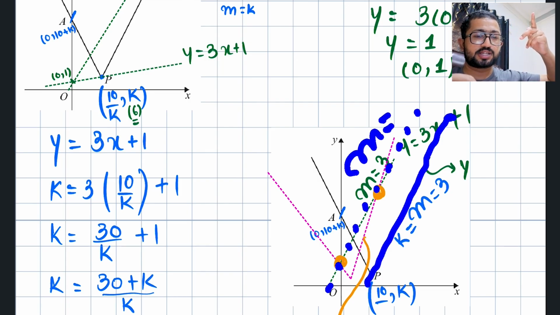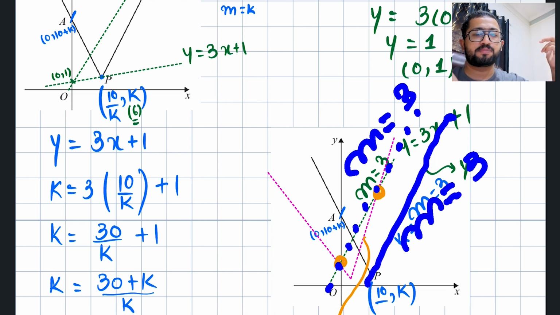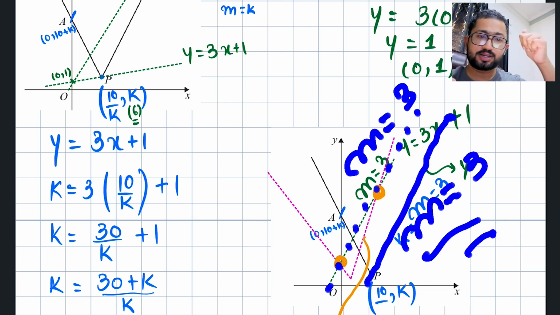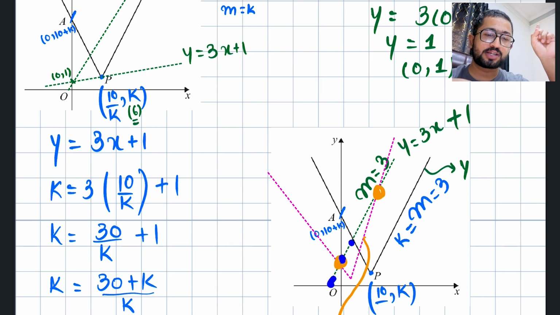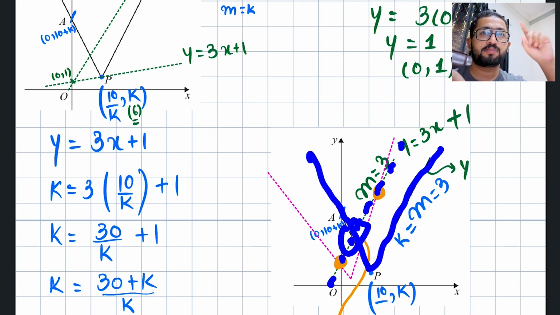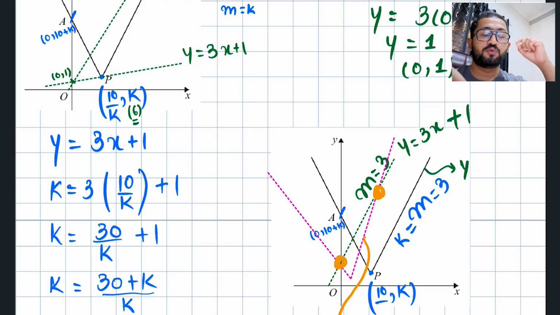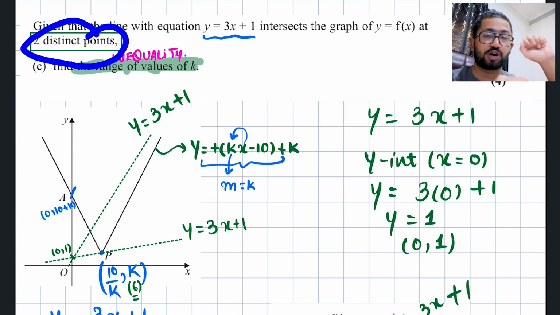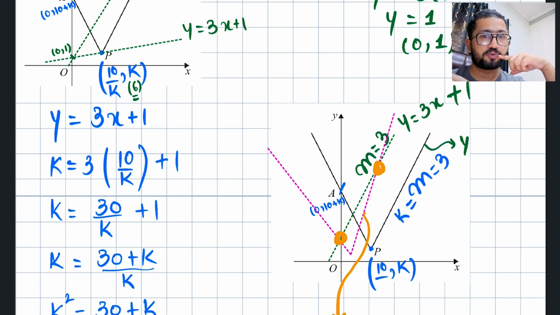So the gradient of this green line is 3. So then the gradient of this line will also become 3. Done? Alright, but the problem is the green line will intersect at only 1 point. That's the problem. But how many points do we want to get? We want to get 2 points. How can you get 2 points?